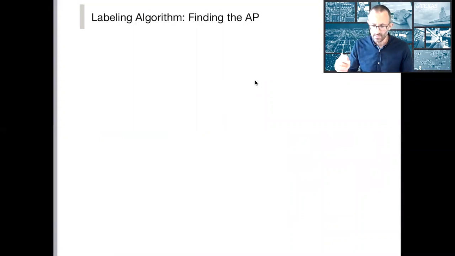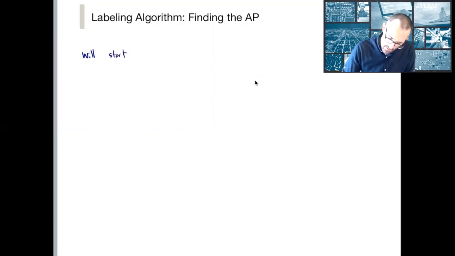So this is how this works. The next several slides are going to develop the Ford Fulkerson algorithm, and it's essentially a labeling algorithm. The way this works in words, and we'll see it in more detail, is we start from node S. This is our special node.